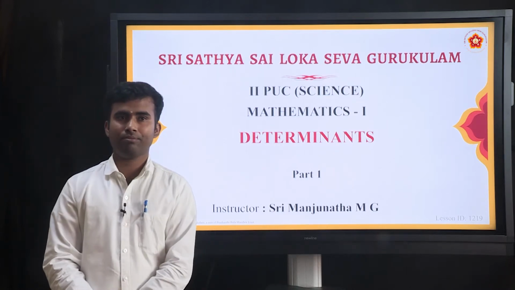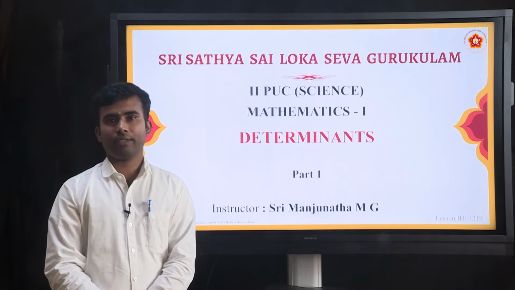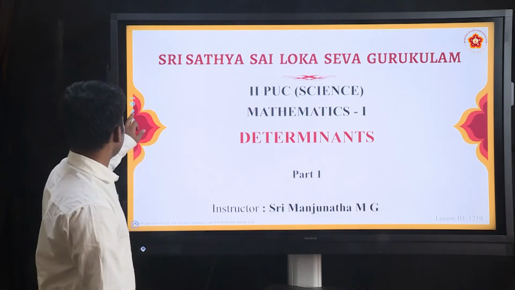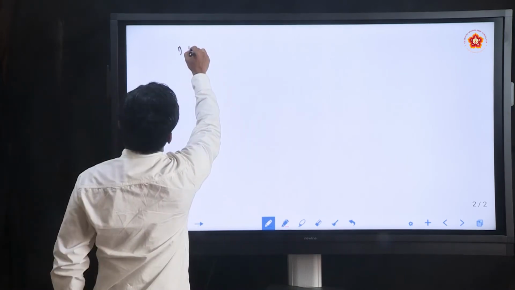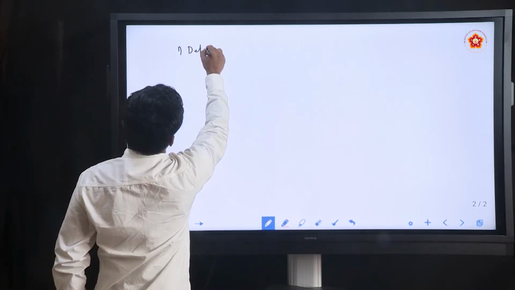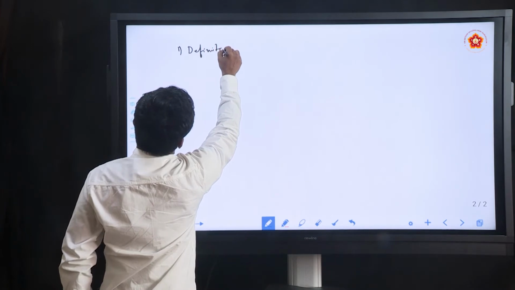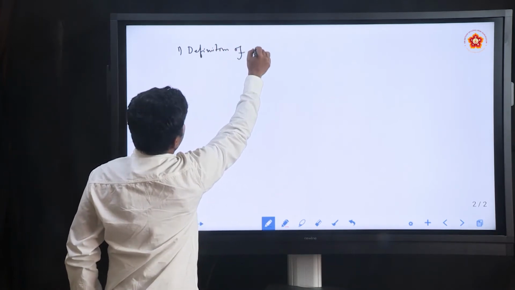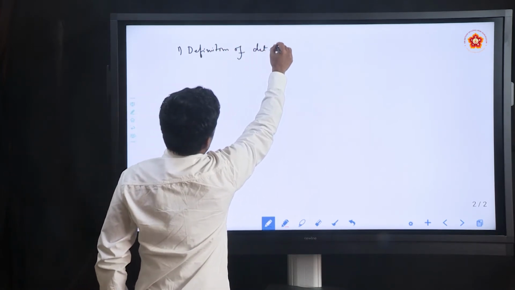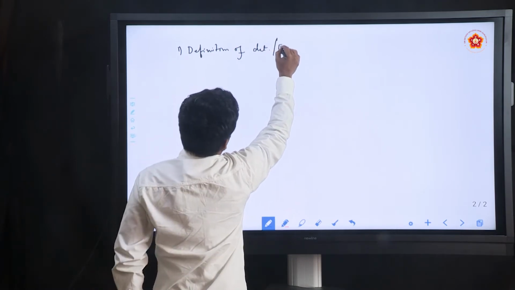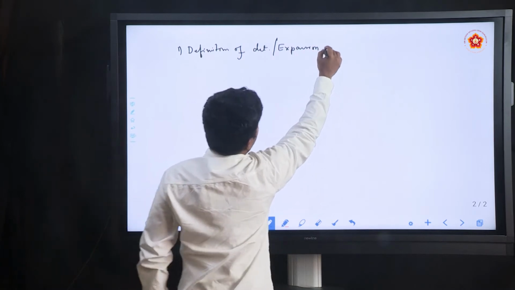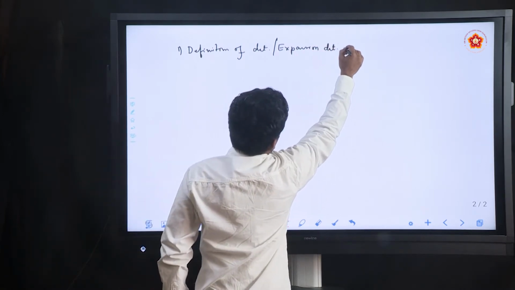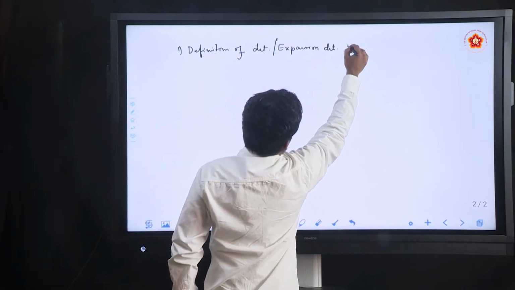Today we are going to start determinants, chapter 4. In this chapter, we are going to study the definition of determinant and expansion of determinant up to order 3.